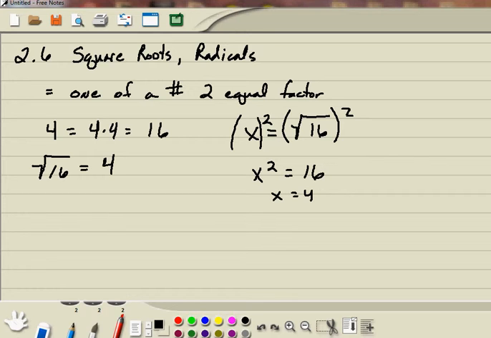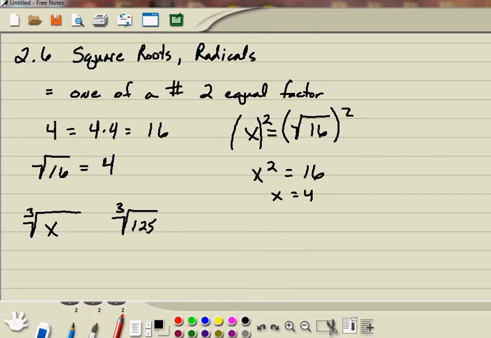Now, that's square, but what if we have the cube of a number? Well, if we were to write that, this is the cube of a number, the cube of x. Well, give me the cube root of 125. What number multiplied by itself 3 times equals 125?